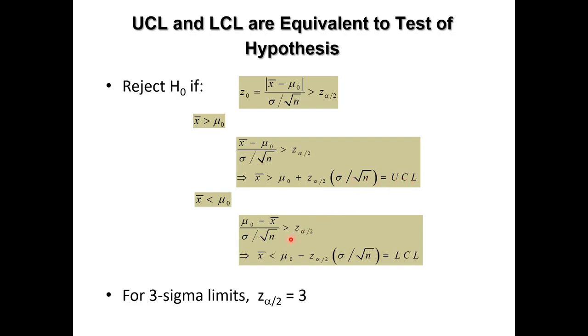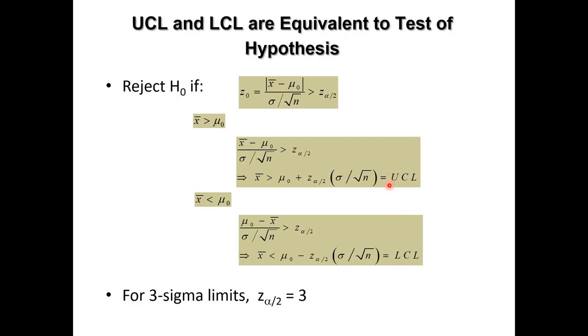Similarly, if the Z statistic which you have computed is beyond the given value, then we reject the null hypothesis because the sample mean is smaller than the lower control limit, meaning the value lies below the lower control limit.